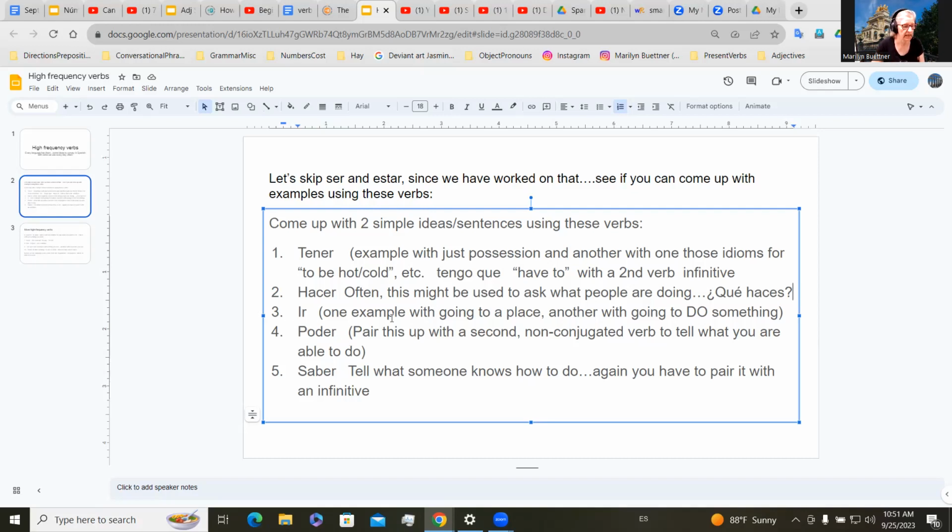Bien. Ir. Hay un ejemplo con ir. An example of using ir? Voy a trabajar todos los días. Perfecto. Muy bien. I'm going to work every day.